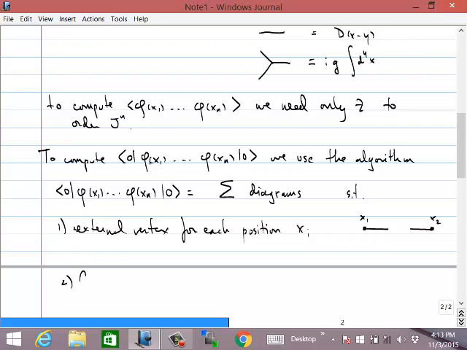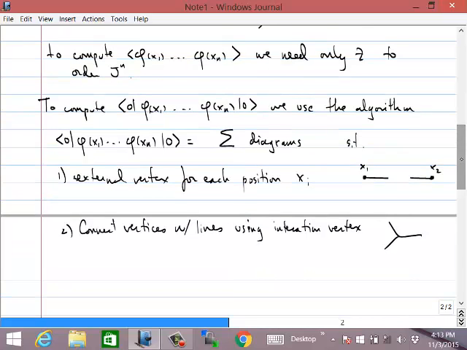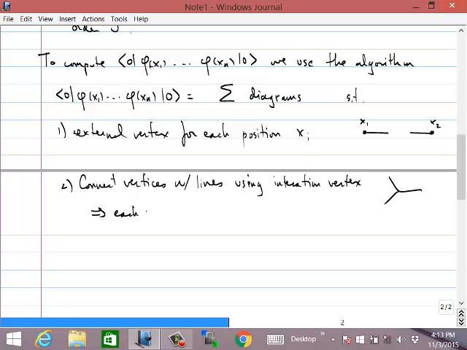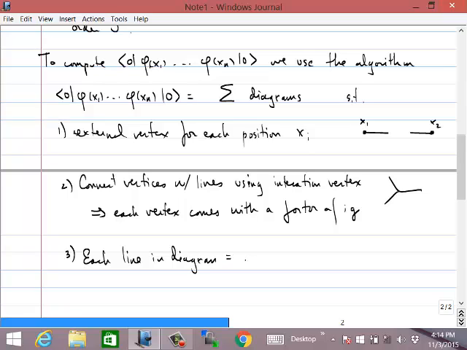You connect these vertices with lines using an interaction vertex, which is your trivalent vertex, and each interaction vertex will introduce a factor of i times g, and then you write down the value of that diagram simply by using the rule that each line in the diagram gives you a propagator.